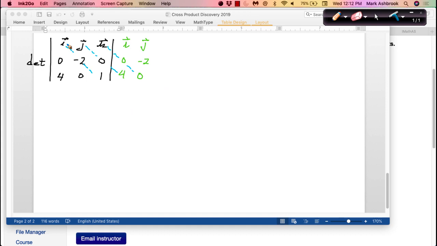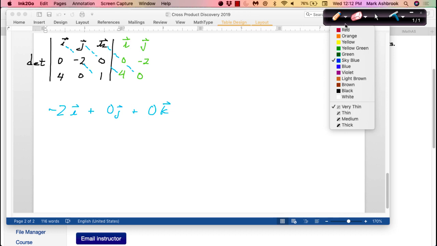So the first product is negative 2i. See that? And then 0j. And then 0k. Okay, and then I'm going to do the same thing again, but with diagonals that go down to the left.